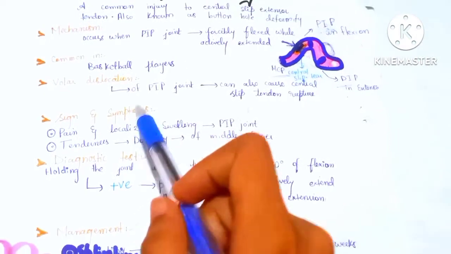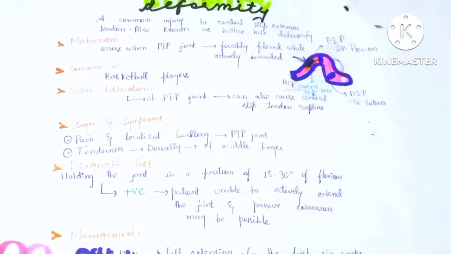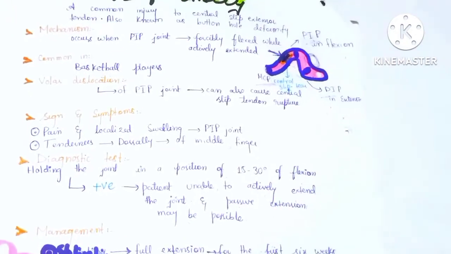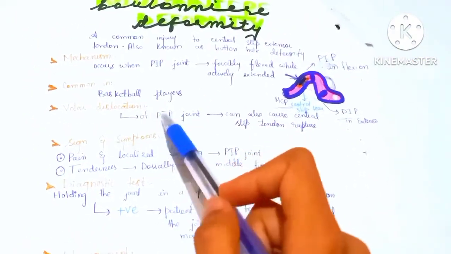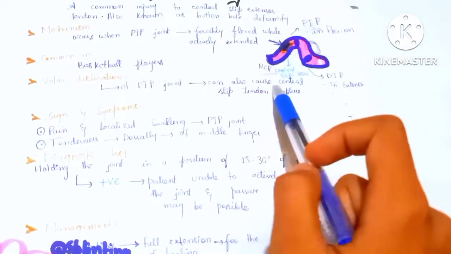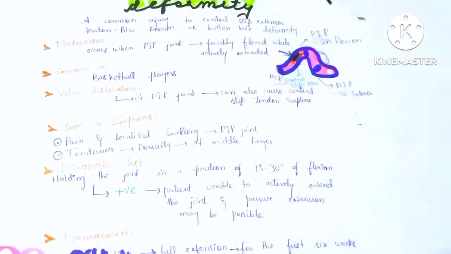Okay, the most commonly associated condition with Boutonniere deformity is volar dislocation of the PIP joint, which can also cause central slip tendon rupture.